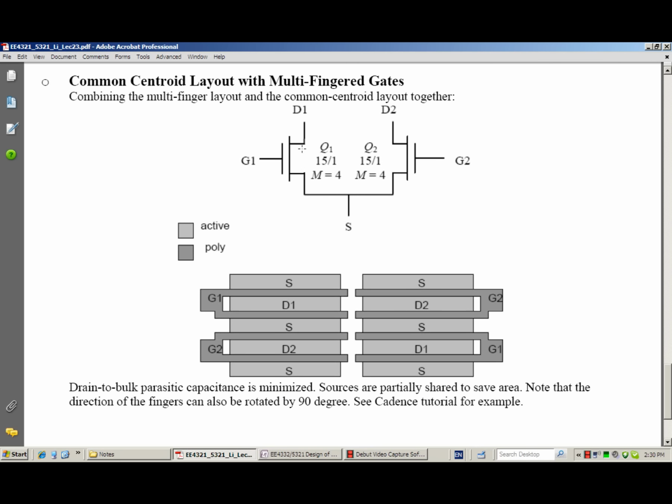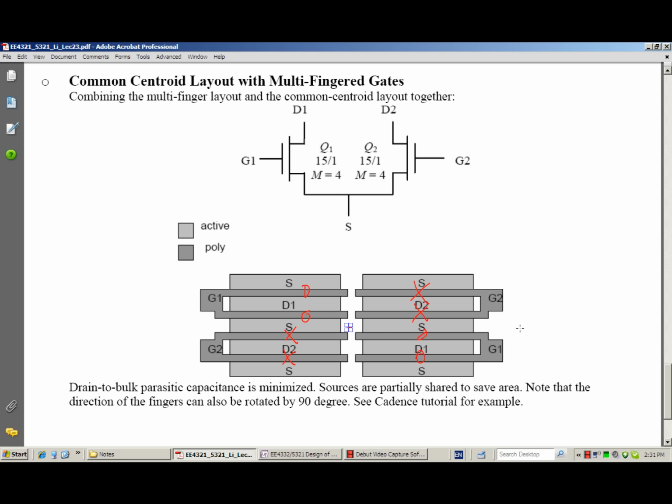Like in this case, we divided transistor D1 into 4 fingers, 1, 2, 3, 4. And their centroid is still at this point. And we divide transistor D2 into 4 devices, 1, 2, 3, 4. And their centroid is also this point.